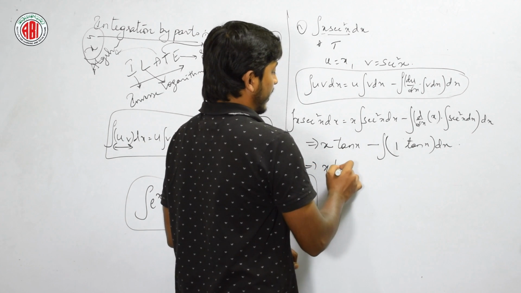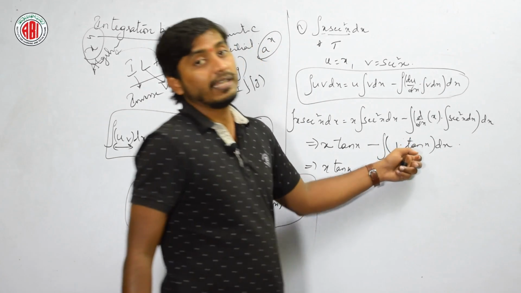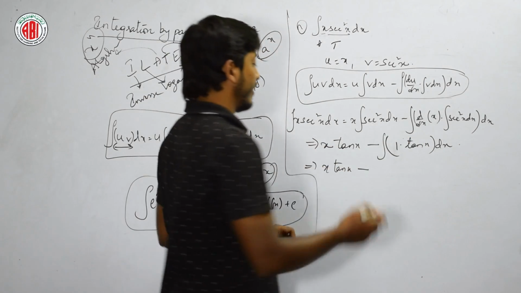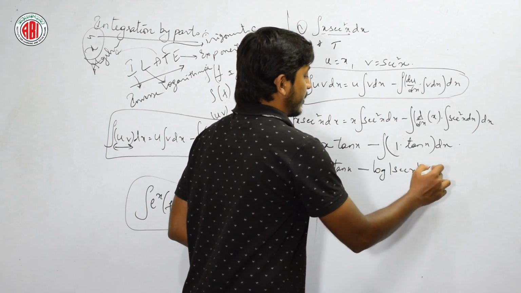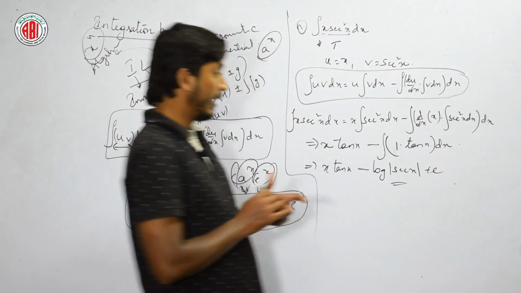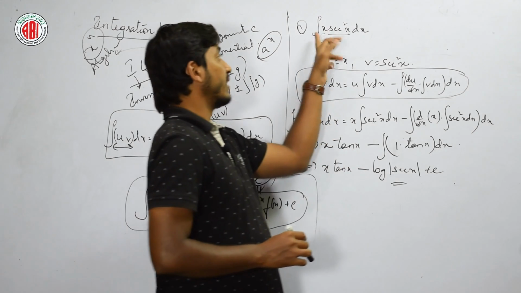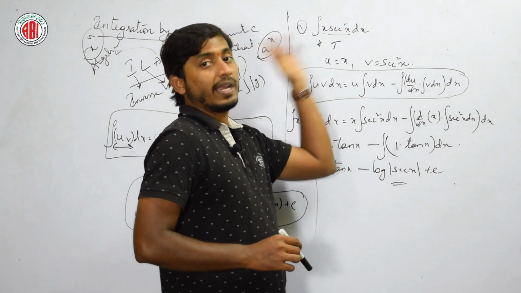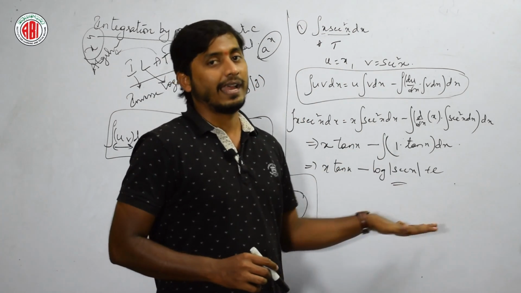So x tan x minus integral 1 into tan x dx. What is integral tan x? That is nothing but log secant x plus c. Clear? Is it okay? What did I do? We just take the first term as u and the second term as v and directly apply the formula, so that we get the answer.